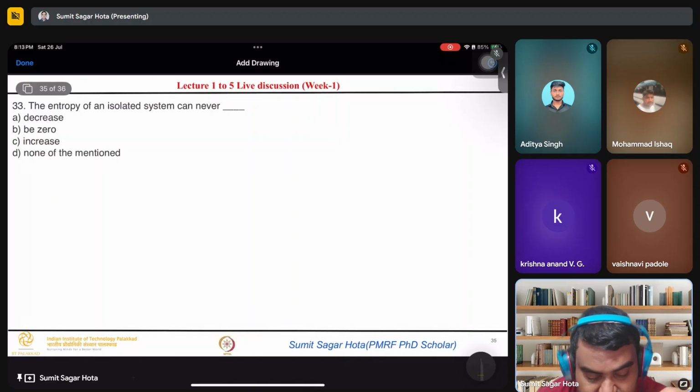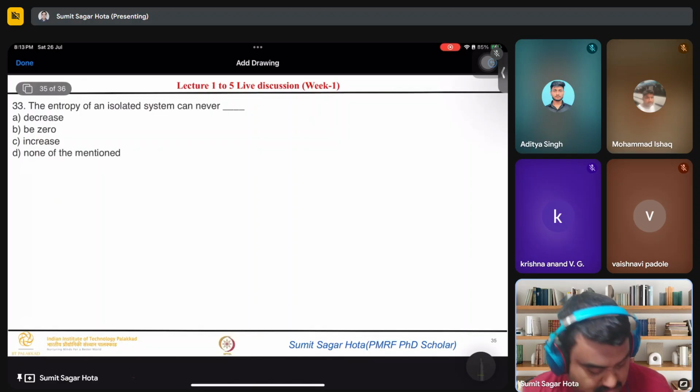There is no decrement in the entropy of the system. So for an isolated system there are only chances of increase in entropy. And if the entropy is always rising, then the process is not reversible. It's always treated as an irreversible process.